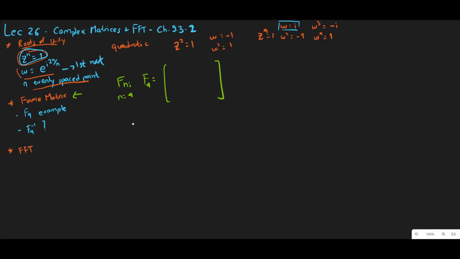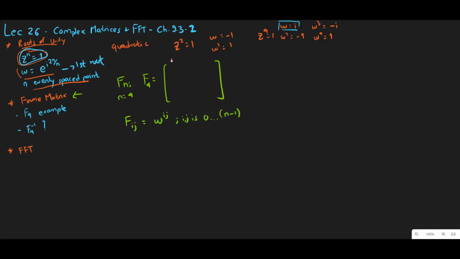The component of F4 is W to the power ij, where i and j go from 0 to n minus 1. Professor Strang also mentioned here that we have to count from 0 to n minus 1, which is what they do in the electrical engineering department instead of mathematics, which counts from 1. So let me give that as a reminder.